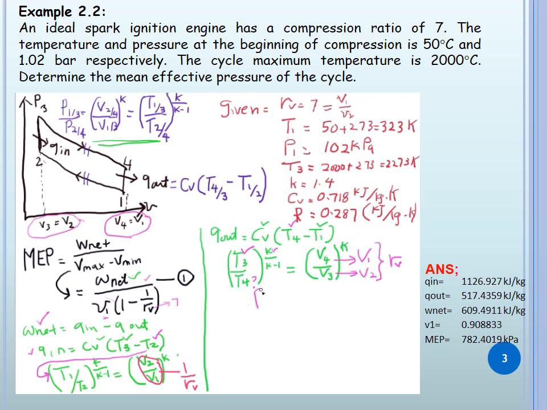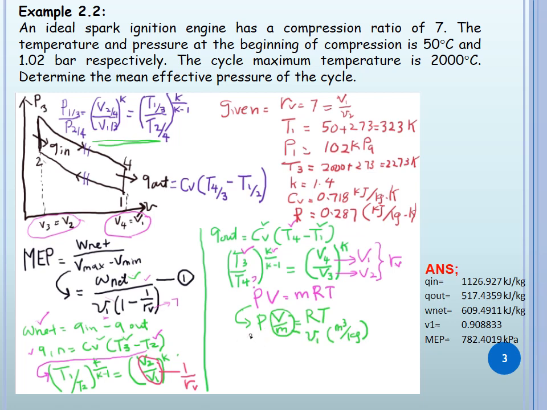So we can use PV equals mRT. Then V over m is RT over P, which is the specific volume, so the unit will be meter cubed per kg. By solving this equation, we can have V1.